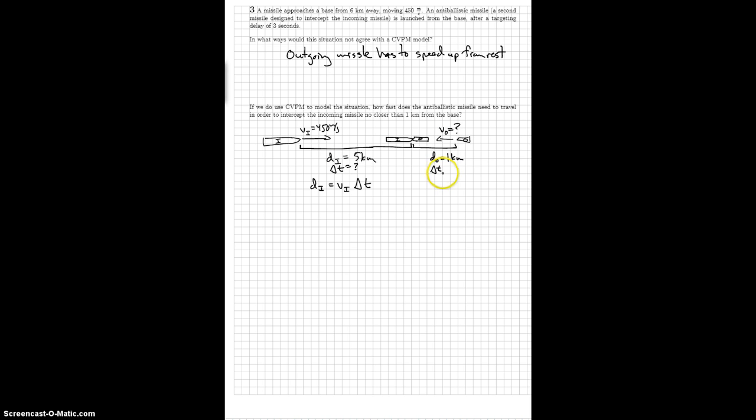For the outgoing one, what I know is that it's the same as the ingoing one minus some delay, and I'll call that delay big T, so that I don't have a third delta T in here. Basically, the idea is that this missile travels for 3 seconds fewer than the other one. So the outgoing missile's distance is V outgoing times delta T minus T.